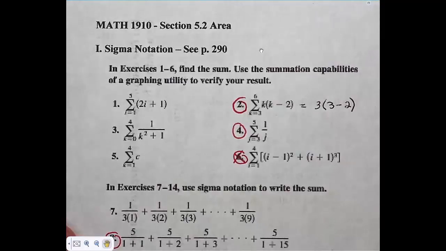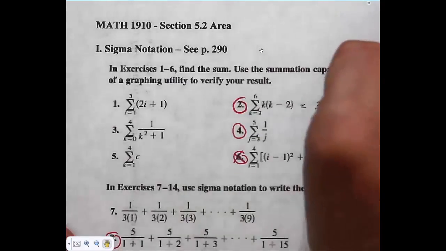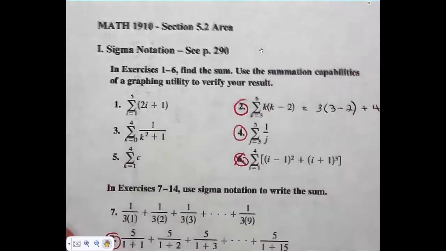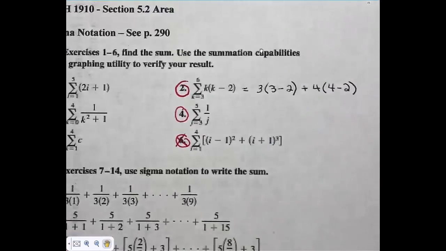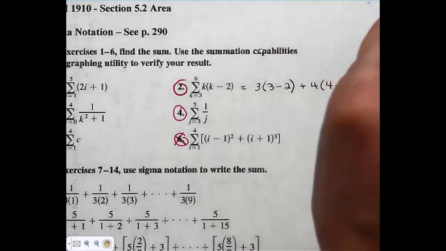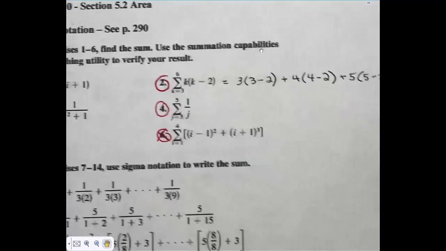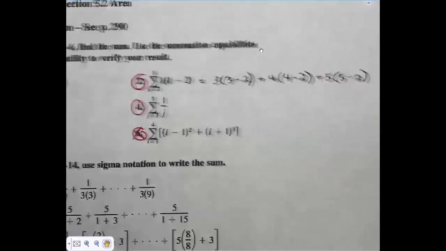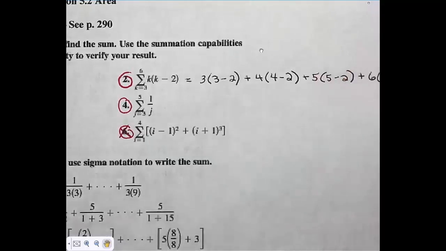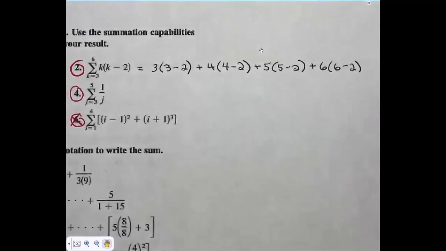And when we let k be 4, we would have 4 times 4 minus 2. When we let k be 5, we'd have 5 times 5 minus 2. And when we let k be 6, we would have 6 times 6 minus 2. So we just want to evaluate the sum. This problem is just about making sure that you understand what that notation means.